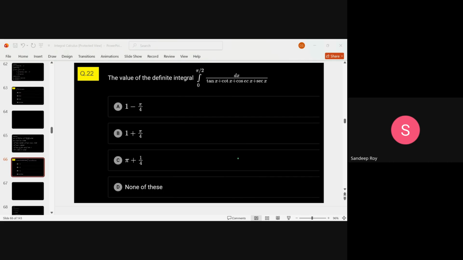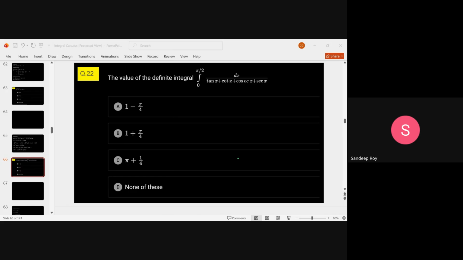How to transform x to x by 2? So using the tan x by 2 formula. So sin x will become 2 tan x by 2 divided by 1 plus tan square x by 2. Same thing for cos also you can apply. Then everything will be in x by 2 form. Then you can proceed further. You'll get the answer after simplification.